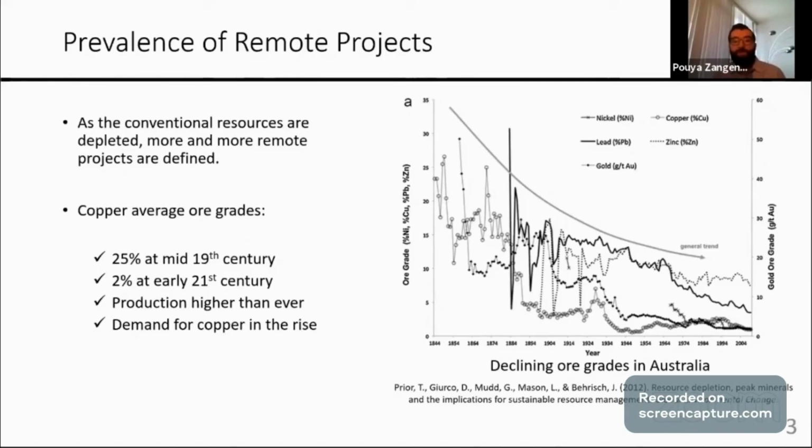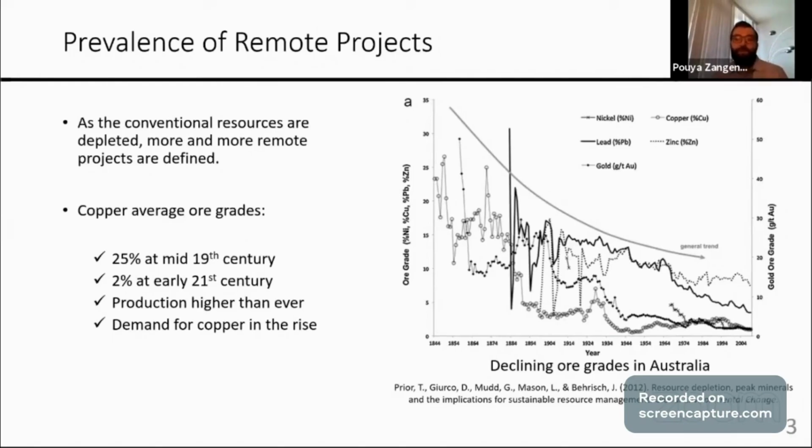And one interesting observation here is that given this decline in the average copper grades, for example, and this is true basically for most of the commodities, the total amount of copper that we produce around the world keeps increasing, and that's because we are tapping towards more remote, inaccessible resources.